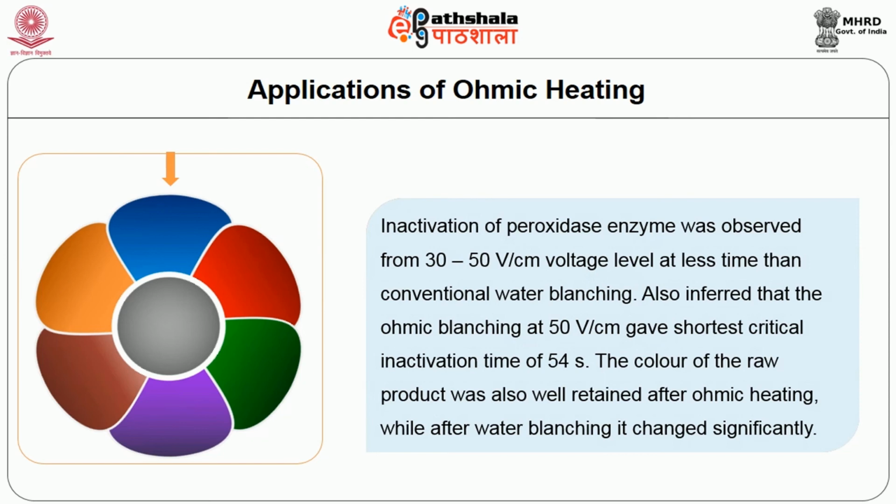It was also inferred that ohmic blanching at 50 volt per centimeter gave the shortest critical inactivation time of just 54 seconds. The color of the raw product was also well retained after ohmic heating, while after water blanching it changed significantly.